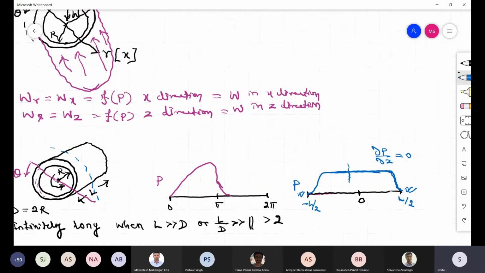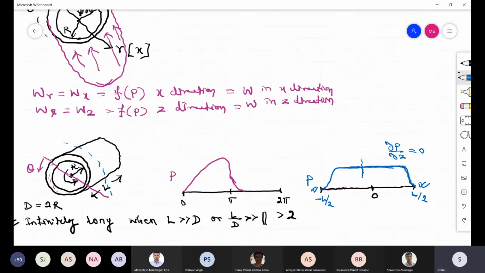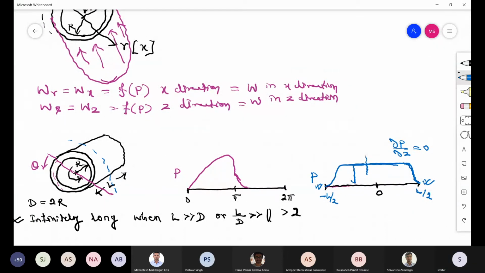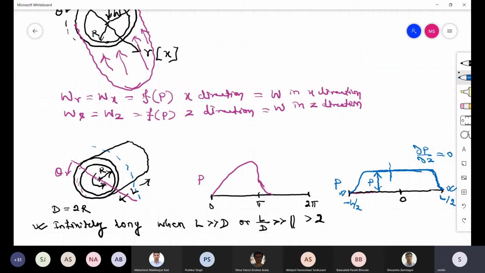Okay, now the amount of pressure here, this P, because you are taking in the length direction. In length direction, this is the length direction. So Z, this is the length direction. It is based on at what theta you are plotting this pressure in Z direction.